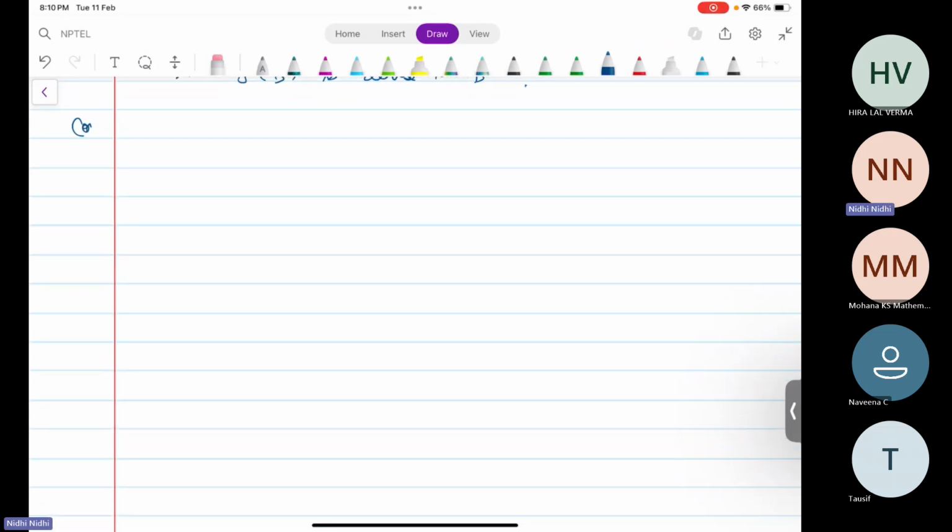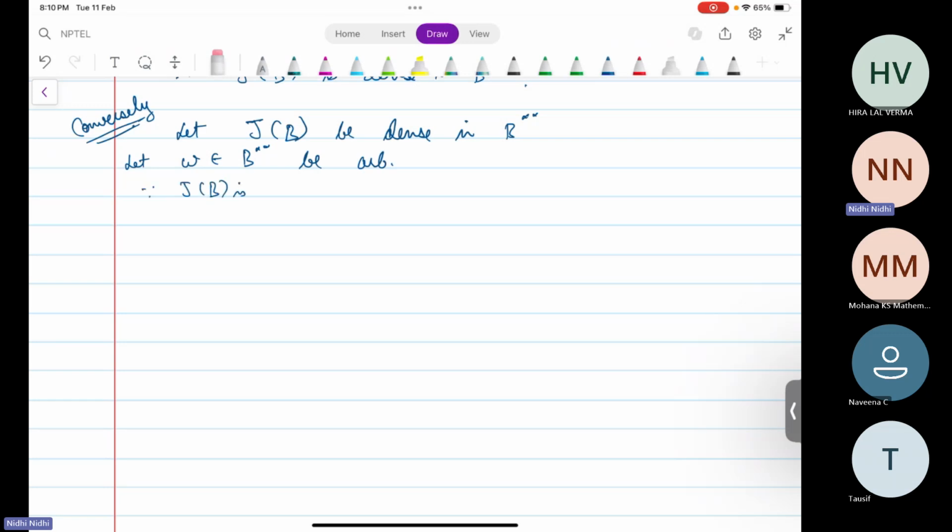Conversely, let JB be dense in B star star. Now let w belonging to B star star be arbitrary. Since JB closure is equal to B star star, this implies there exists a sequence.